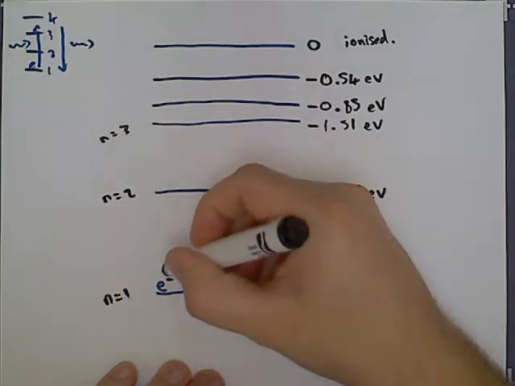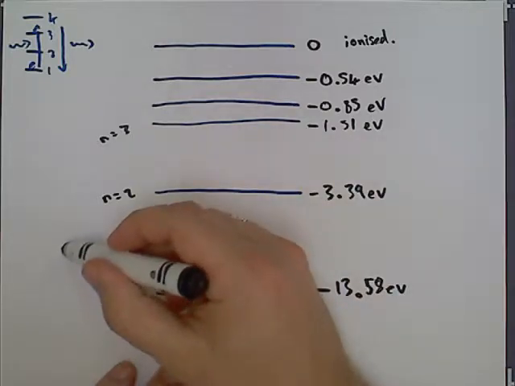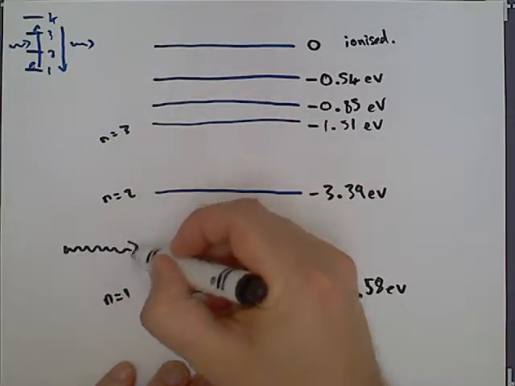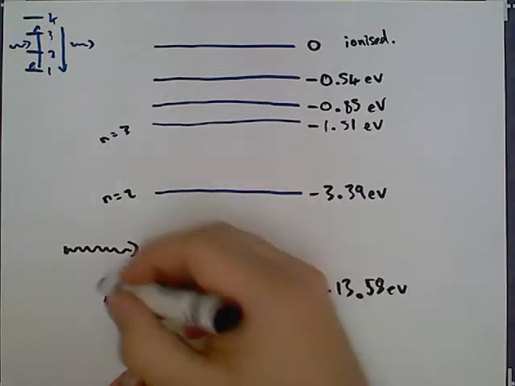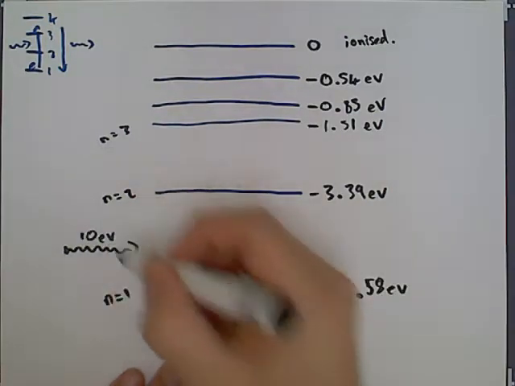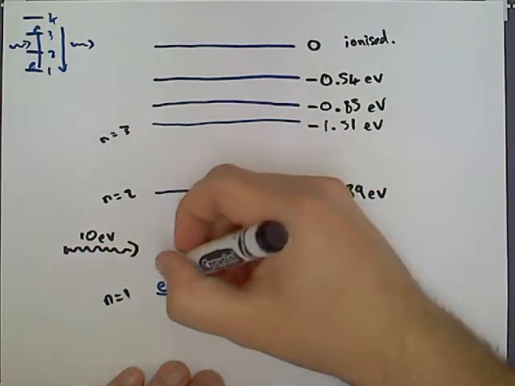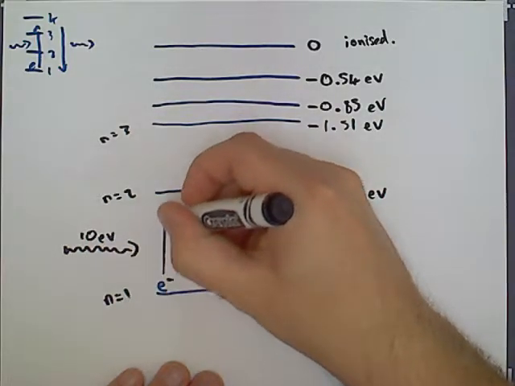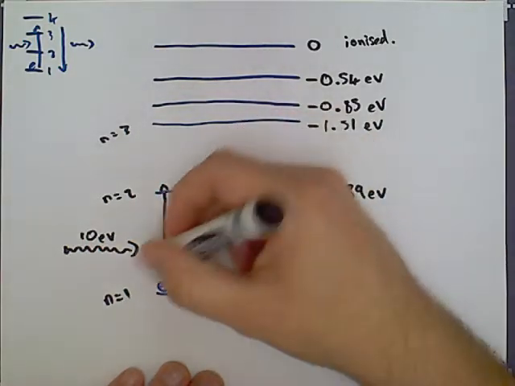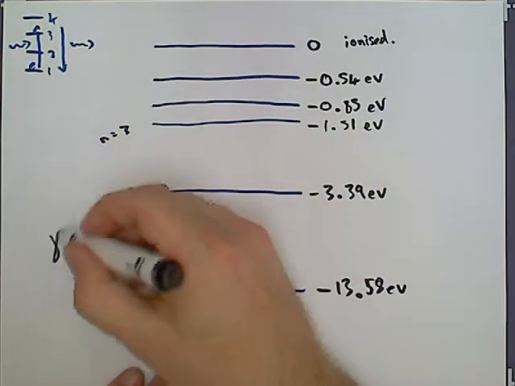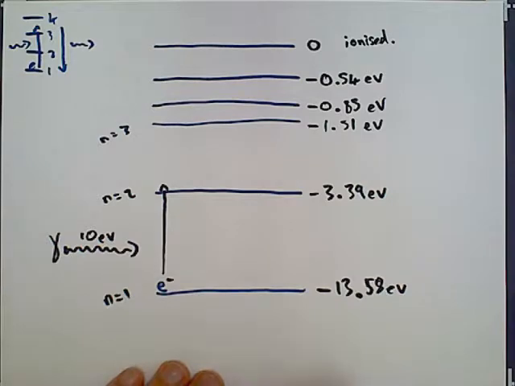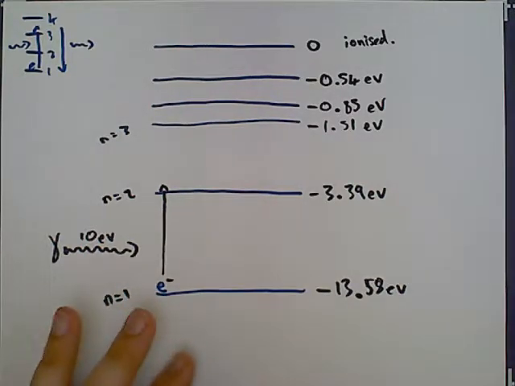And so what can happen is if a photon of light with enough energy comes in, let's say around about 10 electron volts, there and thereabouts, it can jump up that level by absorbing that photon of light and going up to the next energy level.